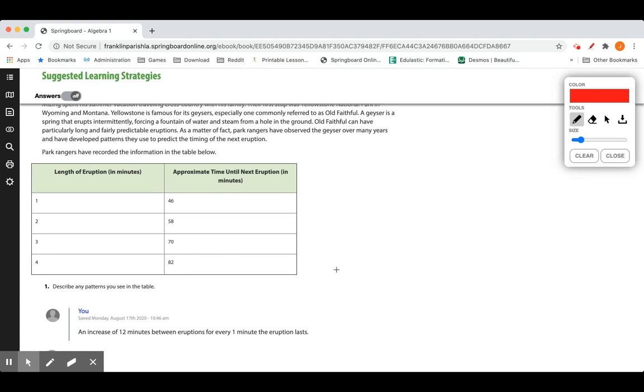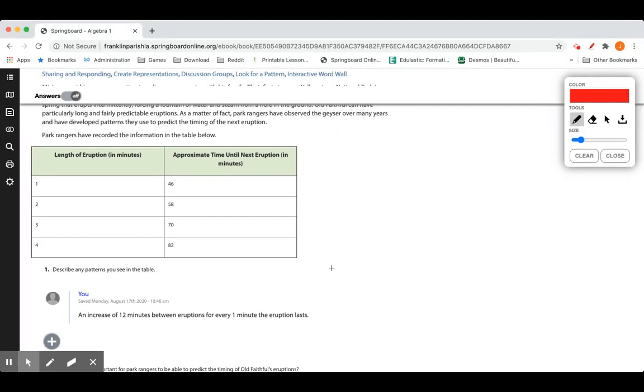Like we said before, if we want to predict in the future, one way that we could do that is to extend the chart, the table, the pattern that goes along with it. And we want to get to basically the 2 hours until the next one. And we're at 1 hour and 22 minutes at 82. So we're going to extend.